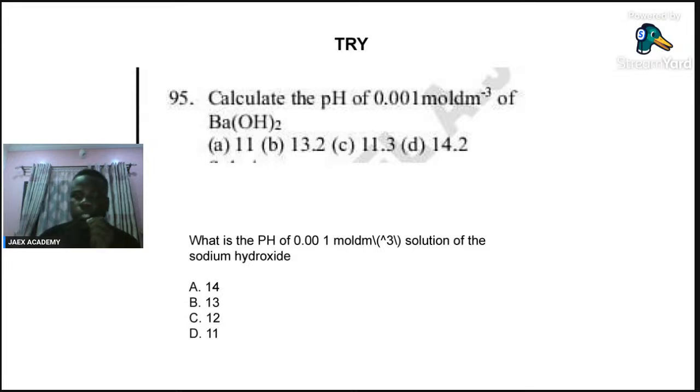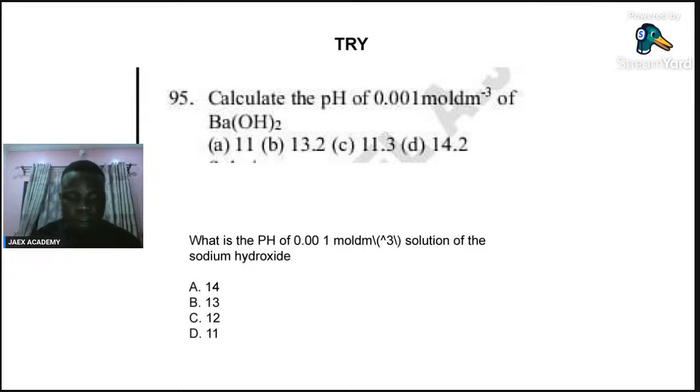Now, I'm going to write in the comment section right now. A good example of a strong acid is HCl. So HCl is a strong acid. Good.